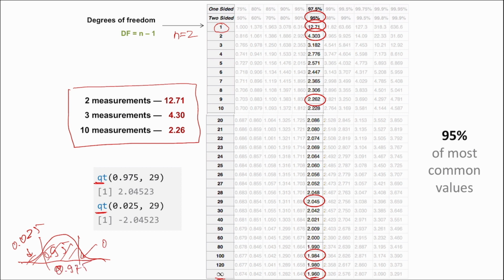So this is why, for example, this t-score can be computed like this, for 0.975, probability to get smaller value, right? So it's 2.04. And then this t-score can be computed for this one because this area is exactly 0.025. And then it's minus 2.04. Because t-distribution is also absolutely symmetric, you can compute just one of those and then use plus minus in this case. So that simplifies calculations a little bit.